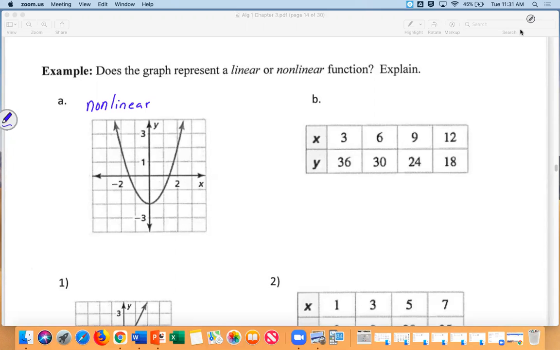Starts with a C, ends in er. Curve. Do you see the curve here? Yeah. Because it's curved, it's nonlinear. So I'd write because it is curved.